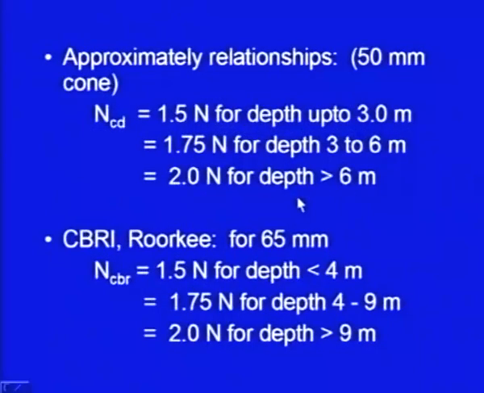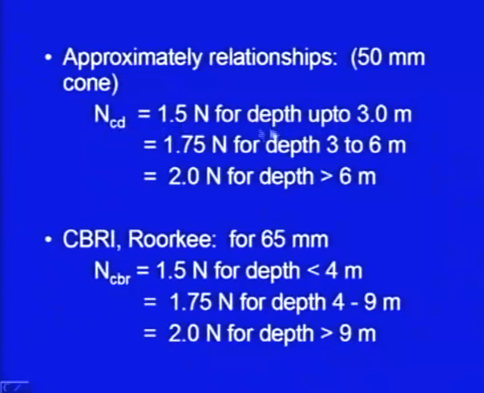There are some approximate relationships which have been proposed by different researchers. These are two commonly used expressions, approximate relationships. For 50 mm cone, NCD, it is for 30 centimeter, is 1.5 times the SPT resistance N, and this is applicable for depth up to 3.0 meter.